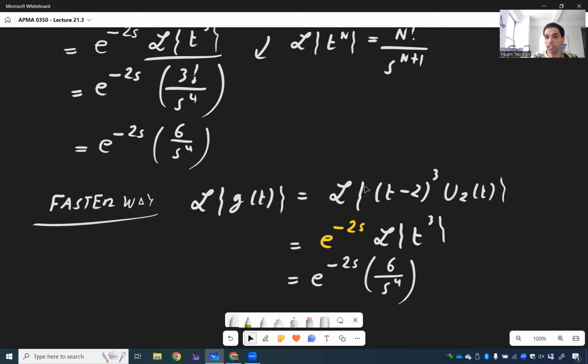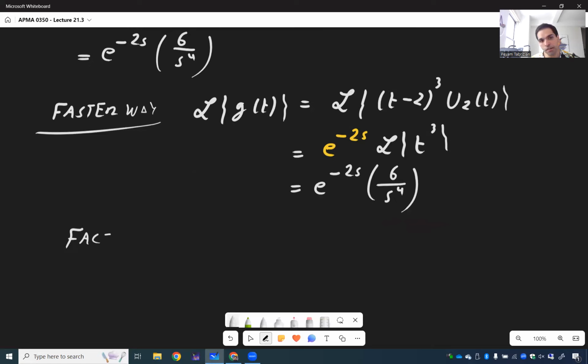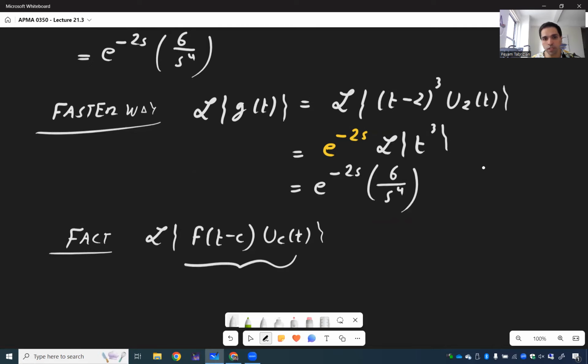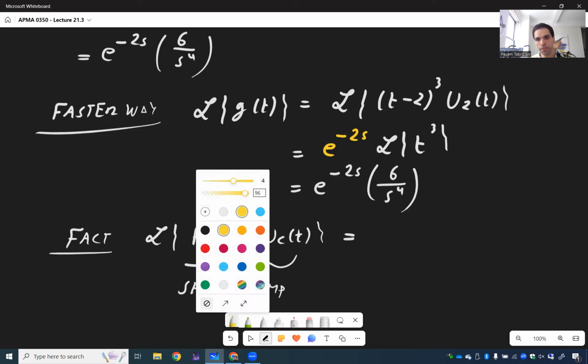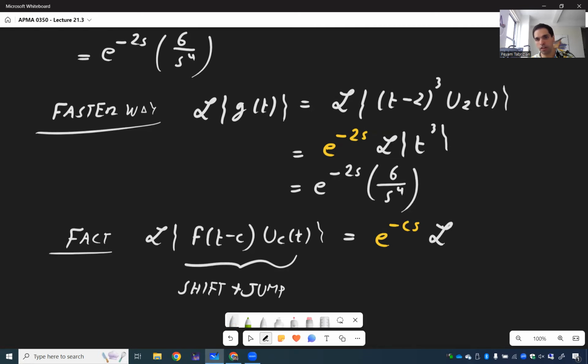So what did we do? We took the Laplace transform of shift and jump, and what happened is there was this exponential term that came out, and the Laplace transform of the unshifted version. So if you want a general fact here, the Laplace transform of shift and jump, in other words, the Laplace transform of t minus c times uc of t, shift plus jump, is an exponential term times the Laplace transform of the unshifted version.